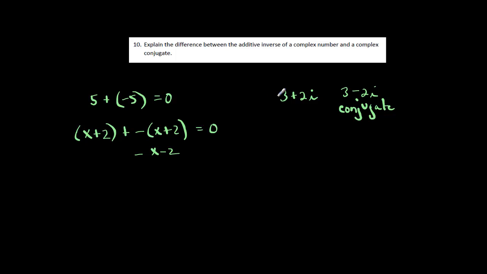In other words, negative 3 minus 2i. That's the additive inverse. So again, the conjugate, you're only changing the sign of the second term. The additive inverse, you're changing the sign of both terms.